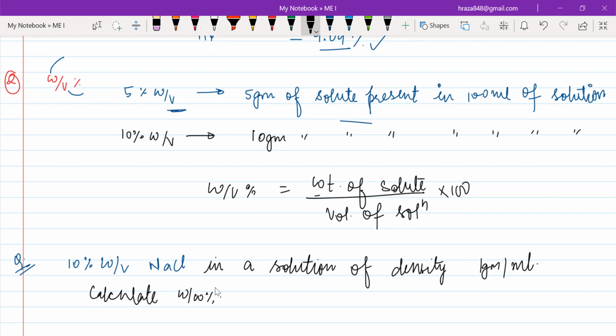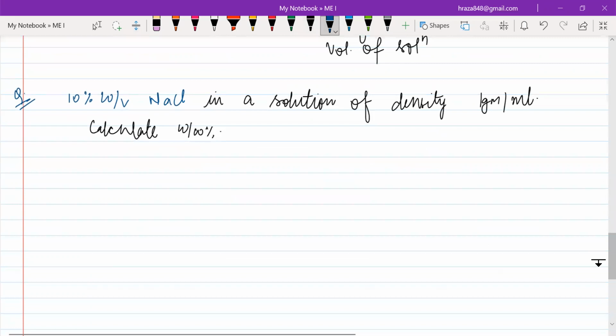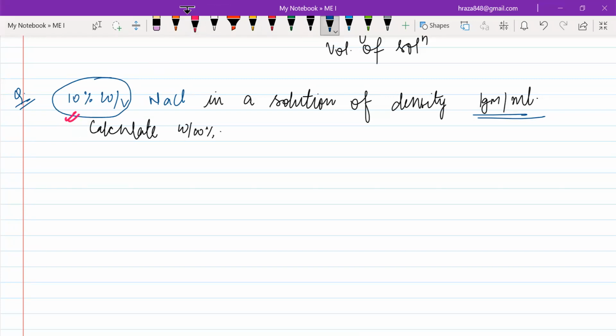Sir, I can't understand the question. Okay, see. NaCl present in a solution which has a density 1 gram per ml, and this is also given. Whenever this type of expression is given, you are going to extract information from this. And you know what this stands for? It will be 10 gram of solute.